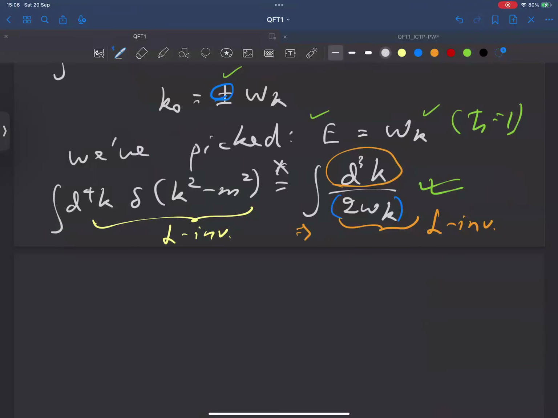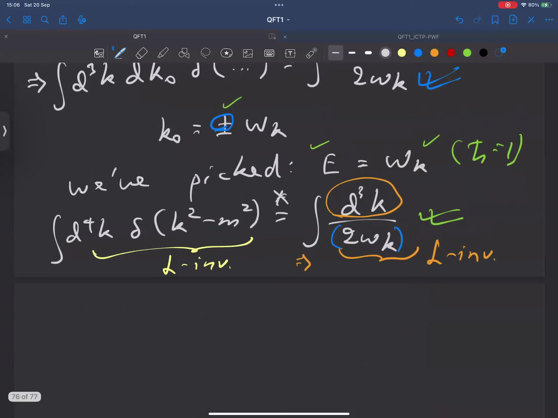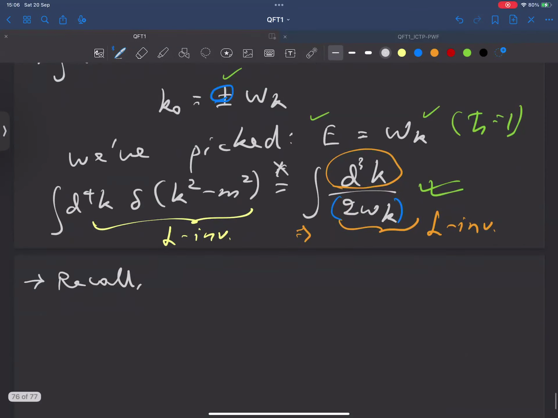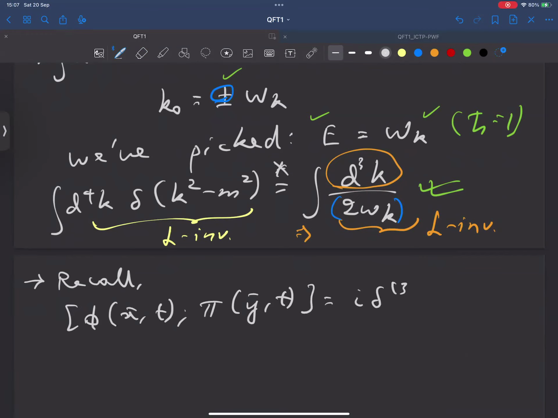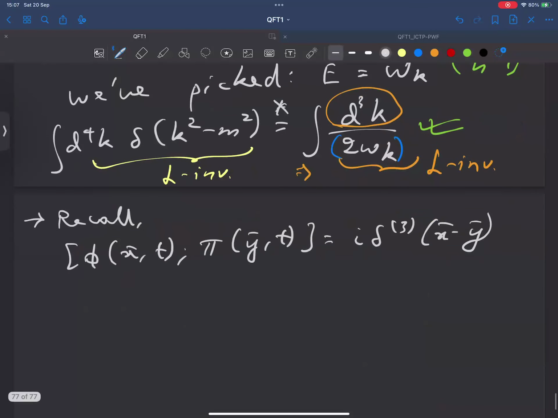Now let's talk about the commutators. Sorry, the propagators. So we recall that we had such a commutation relation, phi of x t comma pi of y t. We imposed this commutation relation when we said that we will quantize the theory.